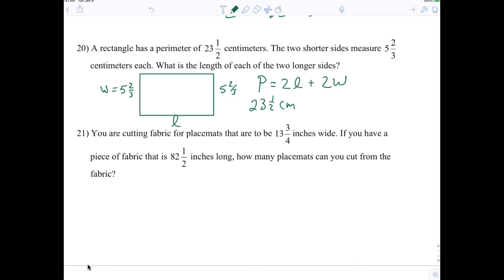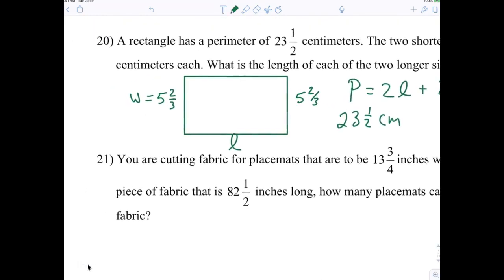Can anybody look at that and tell me how I could figure out what the length is? You don't have to use the formula. You can just tell me how to do it. Tell us. So what I was thinking is we add the two widths together.